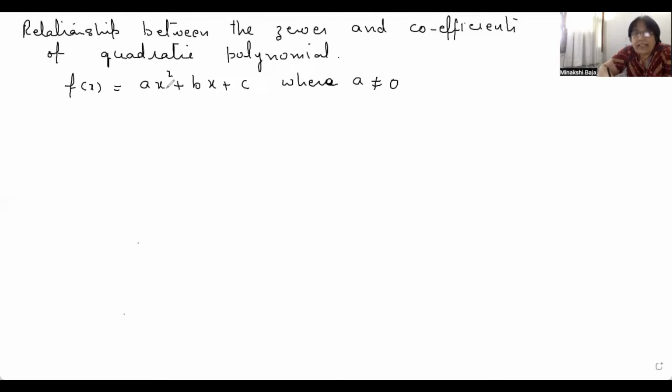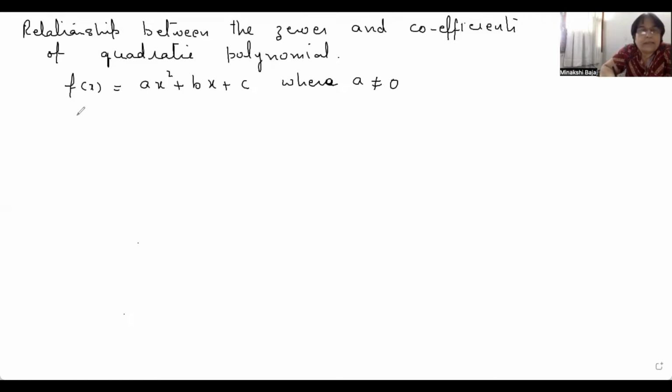Any value of x for which this polynomial becomes 0 is a zero of this polynomial. What is the relationship between the zeros and the coefficients? This is what I'm going to explain today.